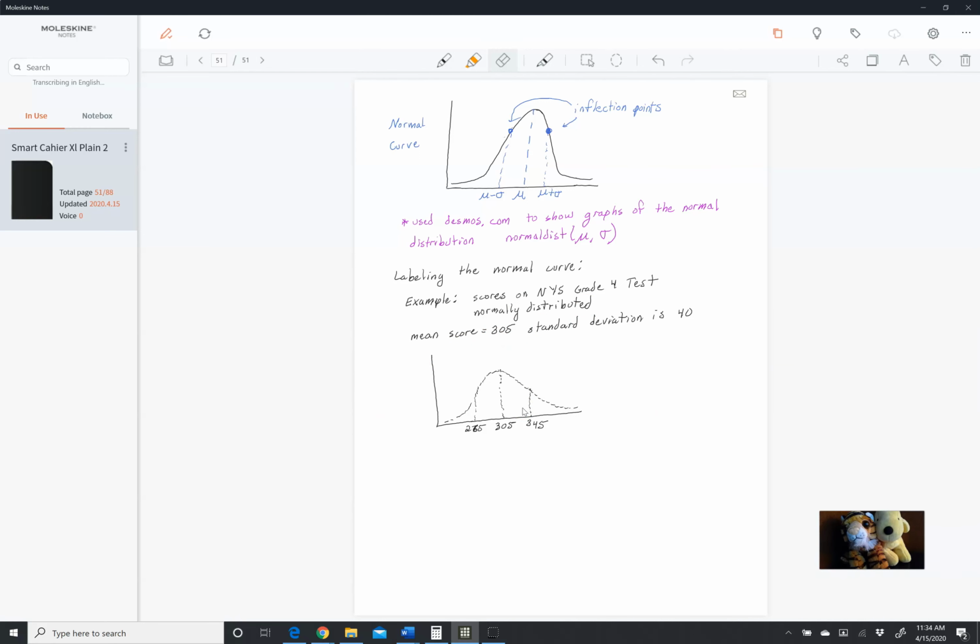The standard normal curve, meaning what the curve looks like no matter what, okay, is that the center we would just label as mu or 0. This would be one standard deviation above. This would be one standard deviation below.